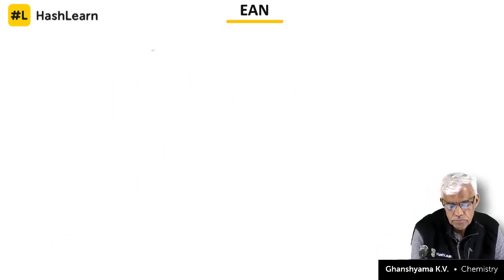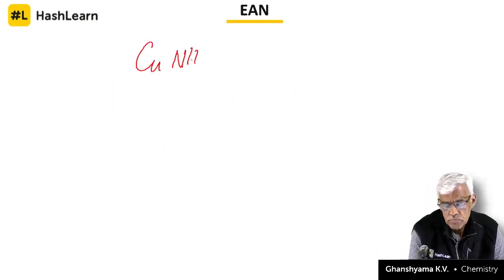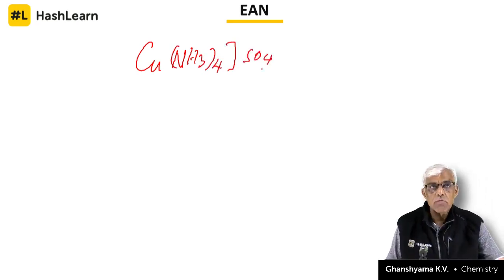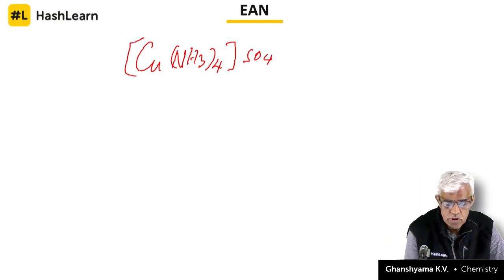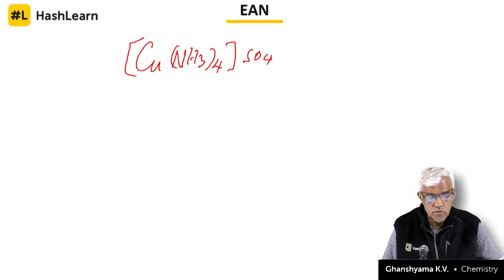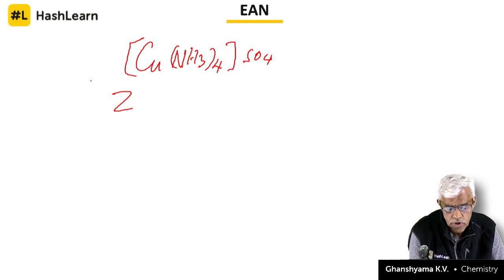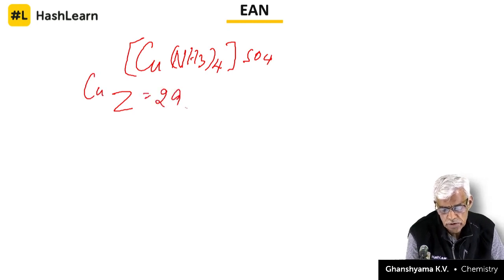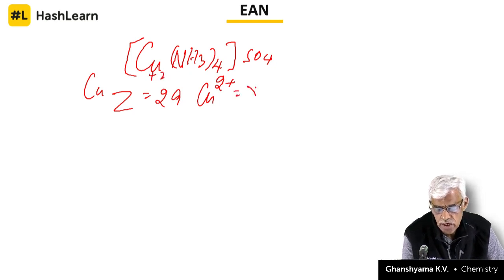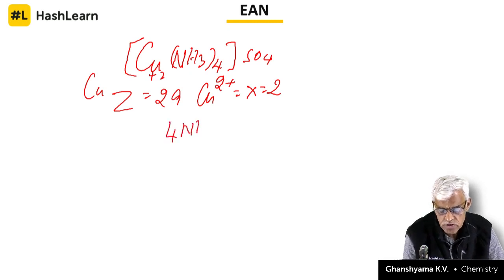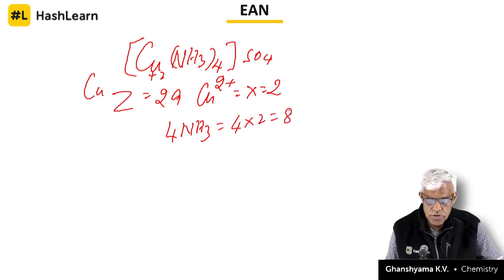See here, [Cu(NH3)4]SO4. Z for Cu is 29. Here Cu is present in +2 state, therefore X is equal to 2. There are 4 ammonia ligands, which will give 4 into 2, 8.